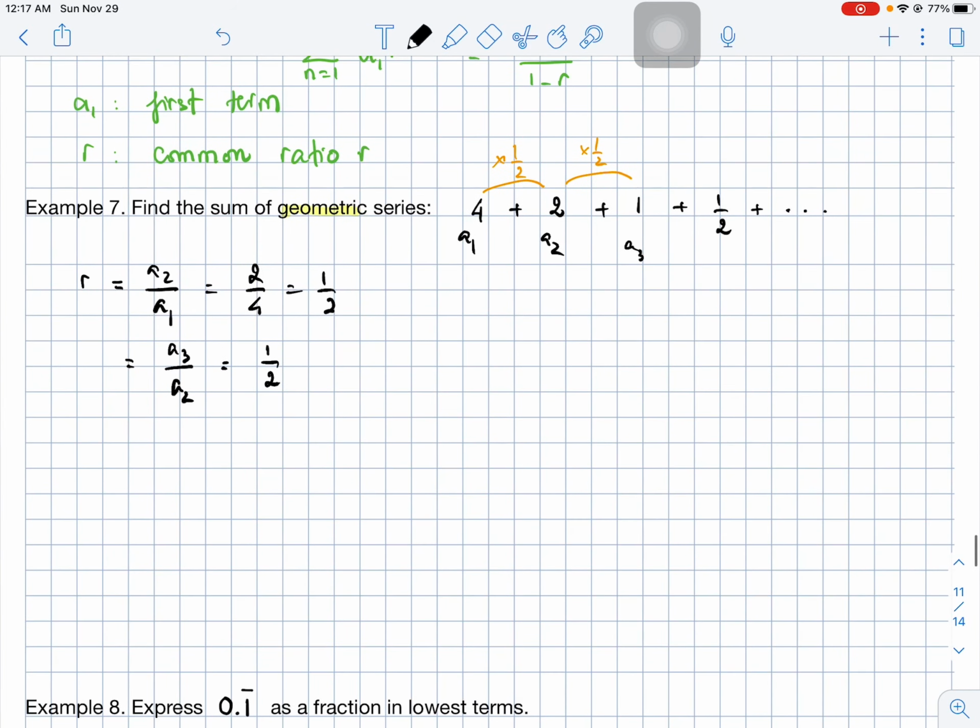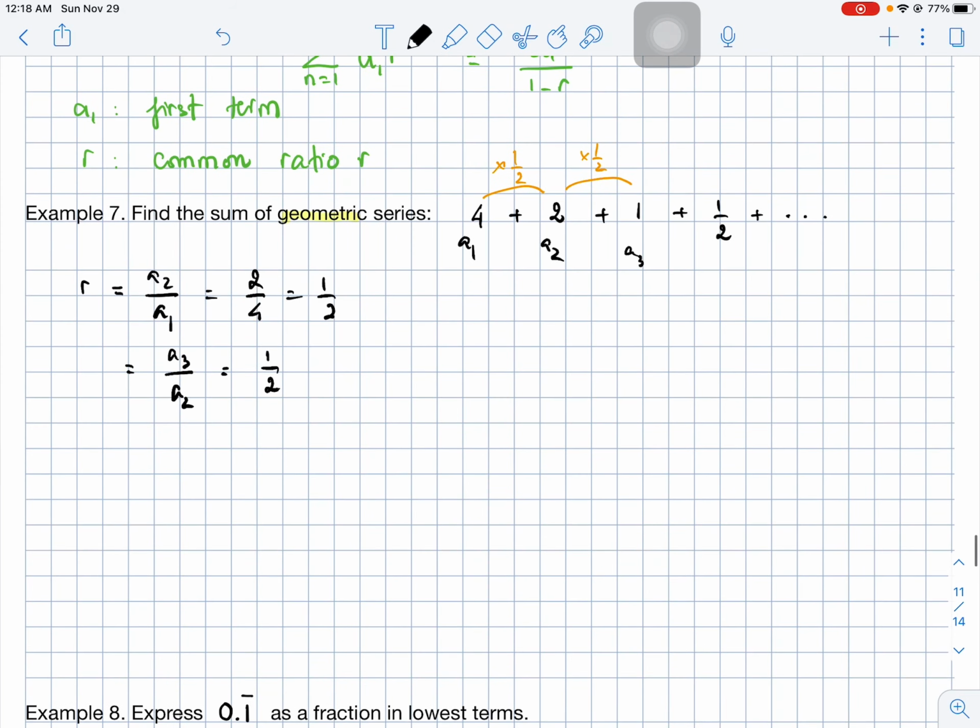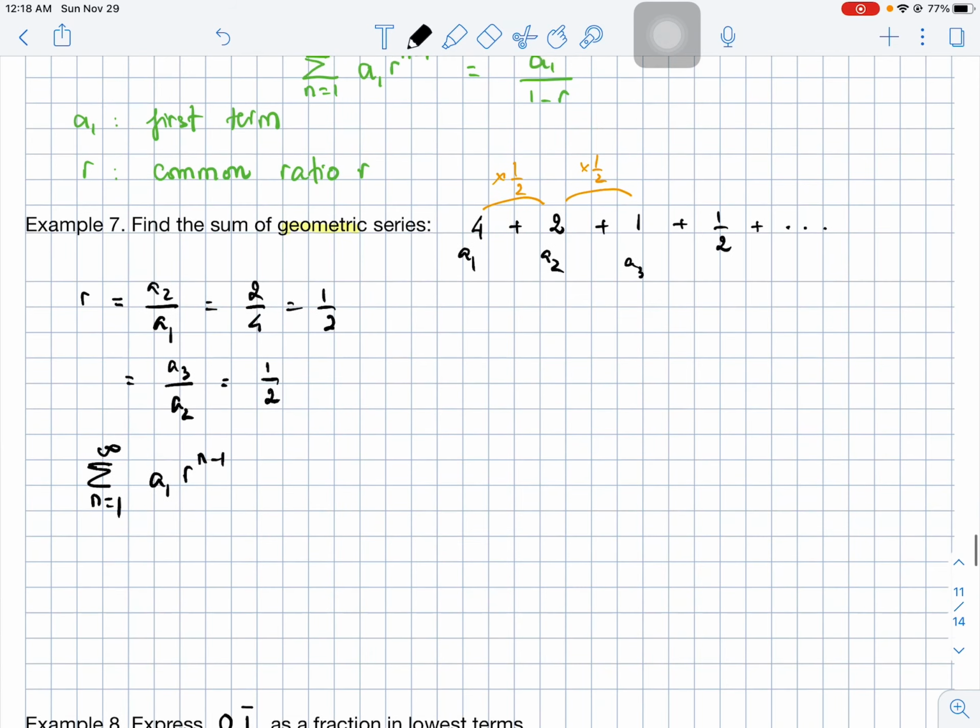The ratio is 1/2. Now let's use the formula. The sum of the geometric series a1 r to the n minus 1, which is the general formula for the geometric series, from n from 1 to infinity is equal to a1 over 1 minus r.